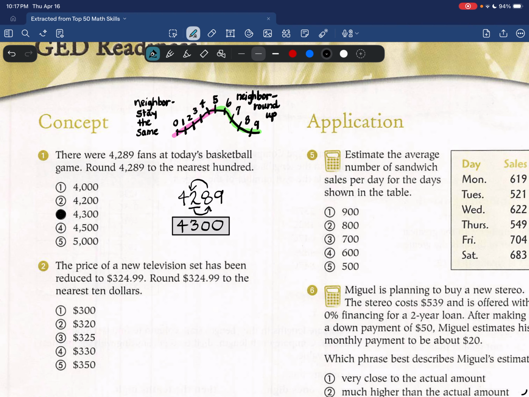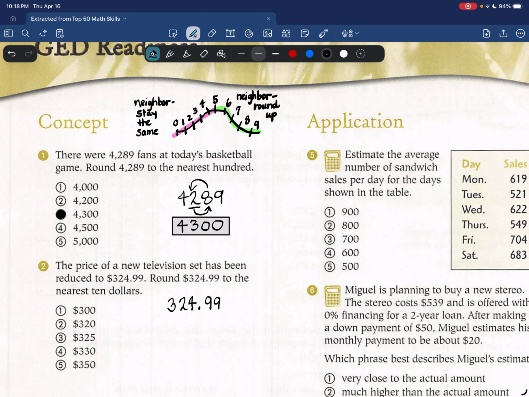The price of a new television set has been reduced to $324.99. Round $324.99 to the nearest $10. So I have $324.99.